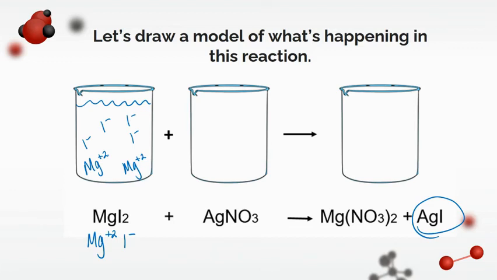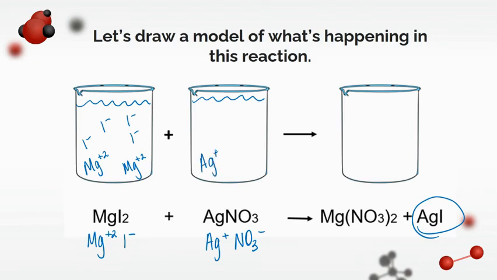For the next beaker of liquid here, we have silver and we have nitrate. To figure out the charge on the silver, we have to look at the charge on the nitrate, and nitrate is -1, therefore silver must be +1. This one's easier to draw because it's just a 1-to-1 ratio.